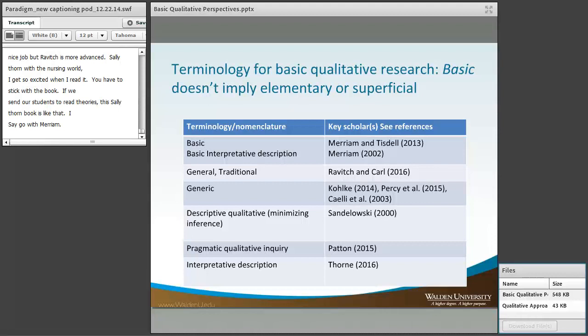Yeah. And I would say, I think Merriam's a great book. I also think again, it depends on what the intent is behind a good source book for referring to your students.